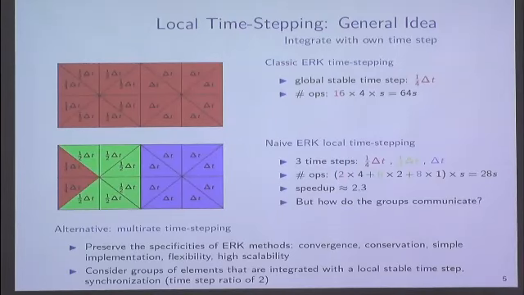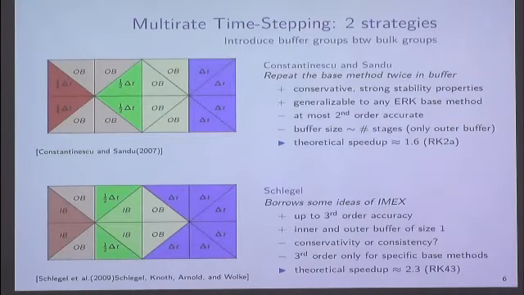The idea of multi-rate time stepping is to use different ratios of time step that are all integer multiples of 2, exponents of 2. We explored 2 approaches that we found in the literature: one proposed by Constantinescu and Sandu, and one proposed by Schlegel.